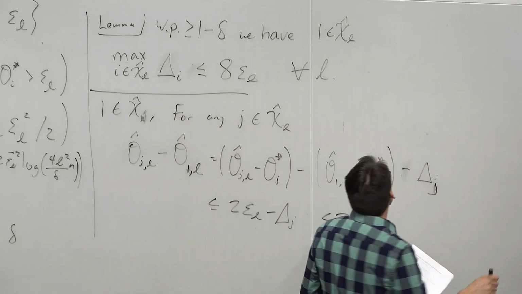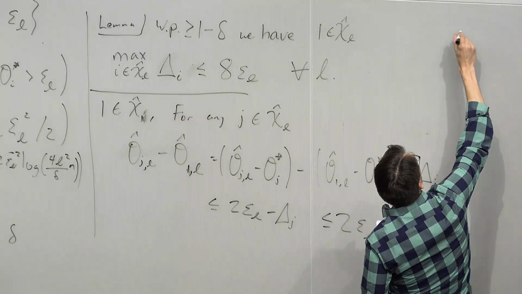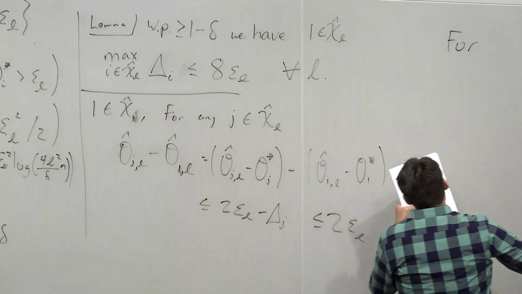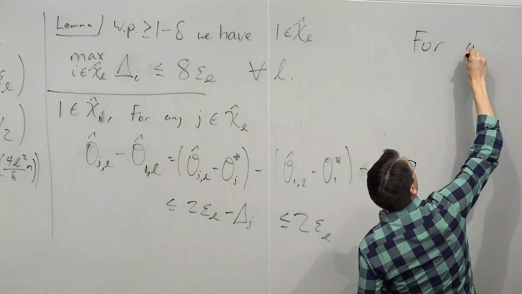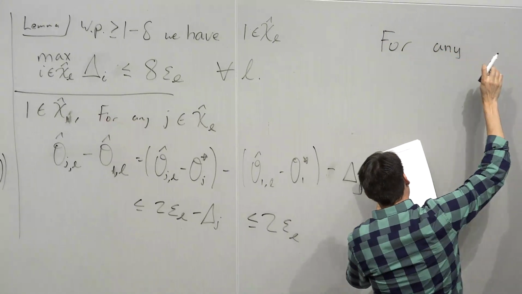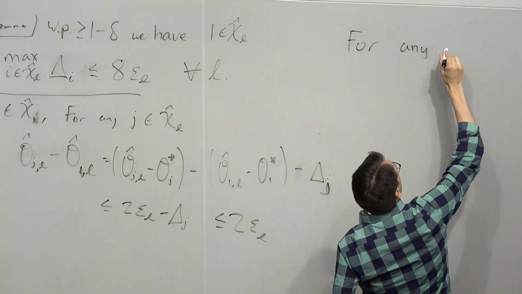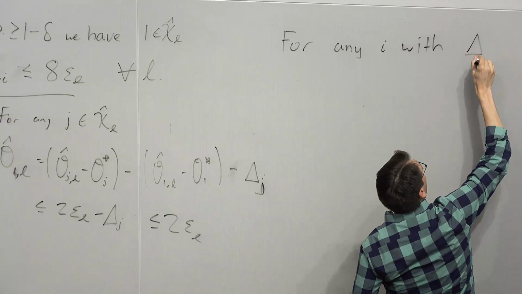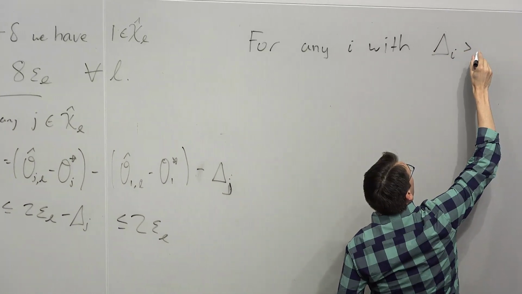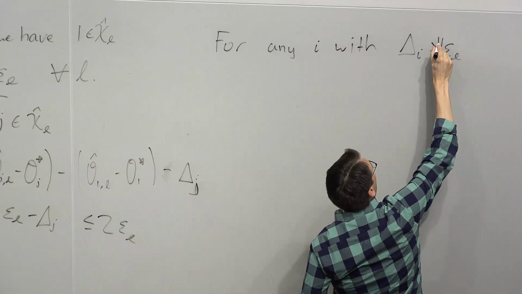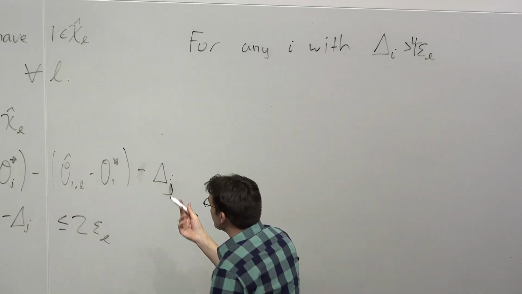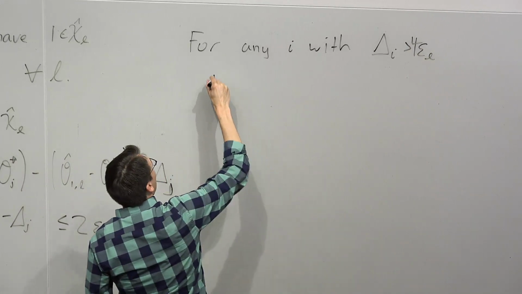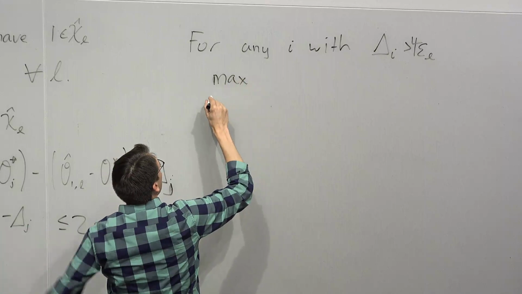On the other hand, for any i with delta i greater than 4 times epsilon L, we can do this again, where the max, the elimination rule, just writing it down.